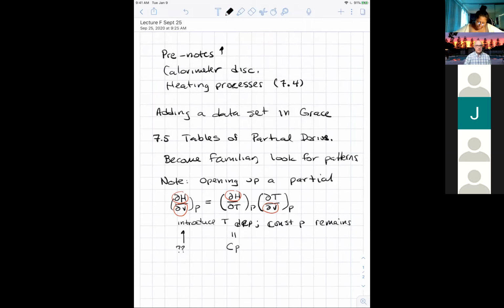That's one of the ones that's very recognizable. And this other one is 1 over alpha V. So the whole thing, dH by dV at P, is CP over alpha V. And you'll see this as one of the things in the table.